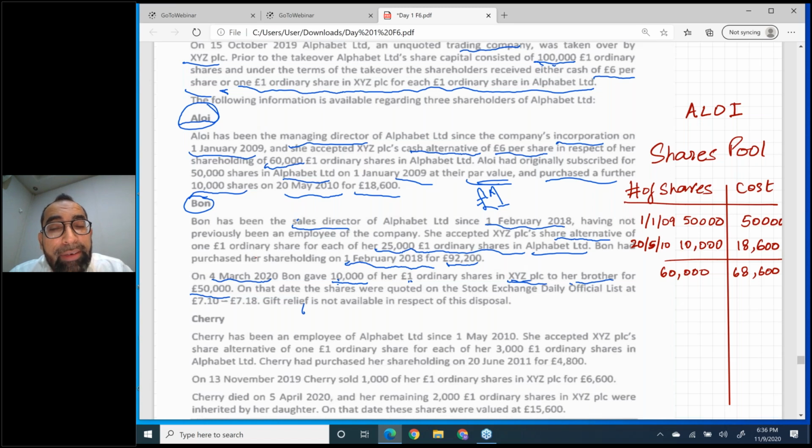I told you in my lecture how to compute market value for quoted shares. It's basically the mid market price, the mid quoted price. So on that date, the shares were quoted on the stock exchange daily official list at 7.10 and 7.18.